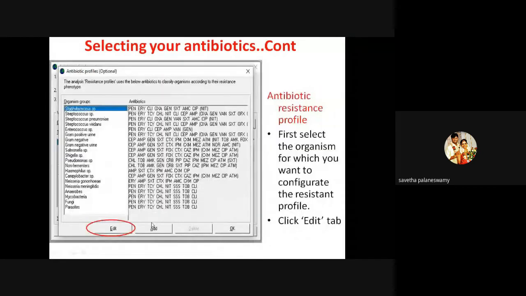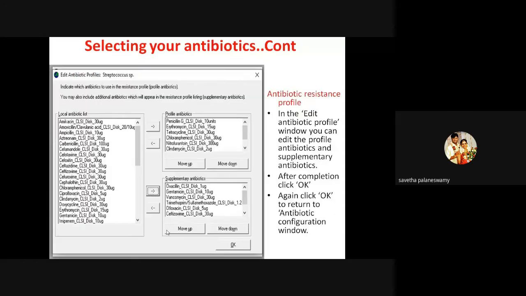Okay, the edit option will help us edit the panels we have already done. But we can also add an antibiotic profile by clicking add. So this is the next. If I click on edit, this is the page which will open. This is the antibiotic for Staphylococcus.